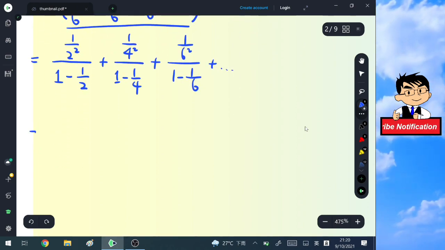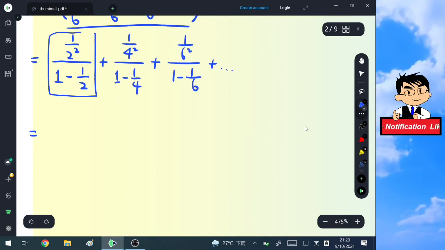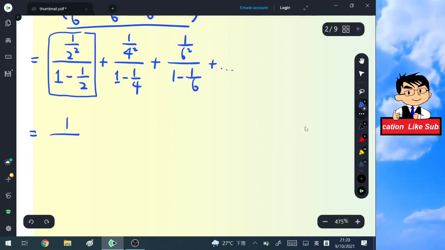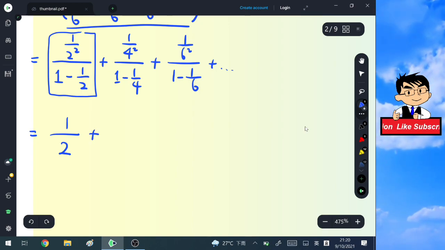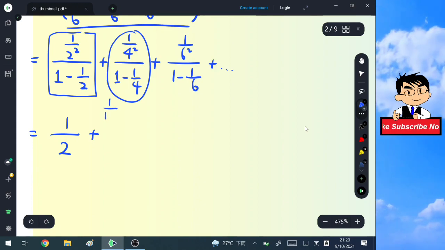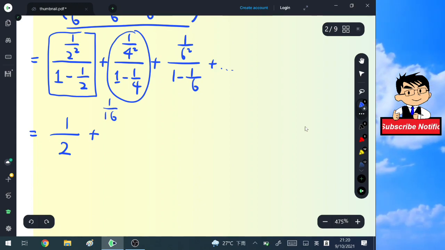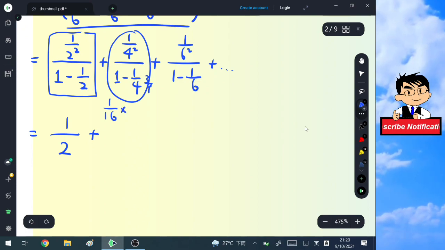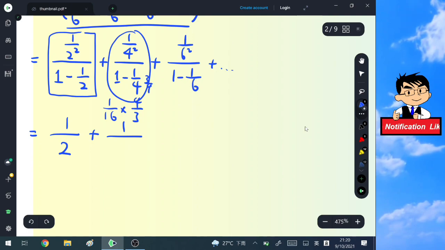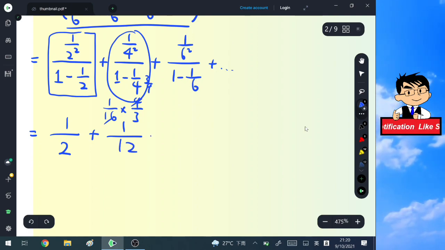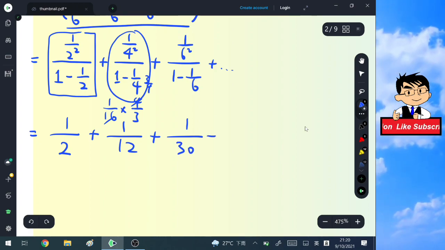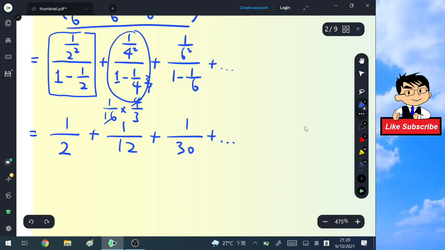So let's simplify this expression. It is equal to 1 over 2 plus, for the second term, 1 over 16 divided by 3 over 4, which is multiplied by 4 over 3, and we have 1 over 12. And for the third term, we have 1 over 30, plus dot dot dot.